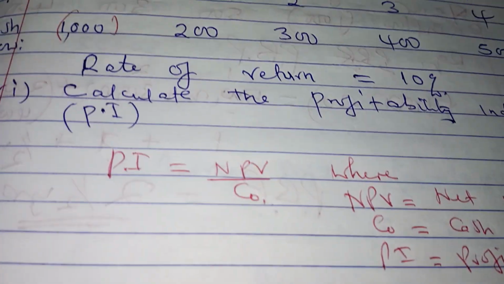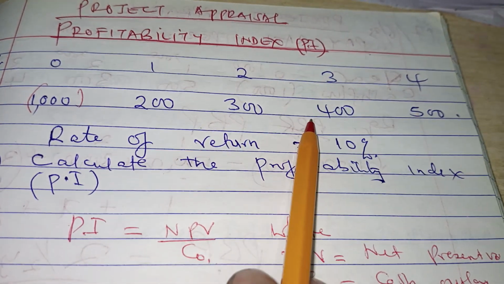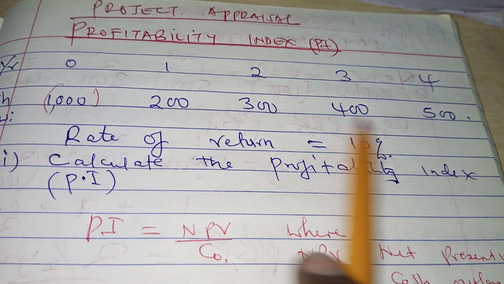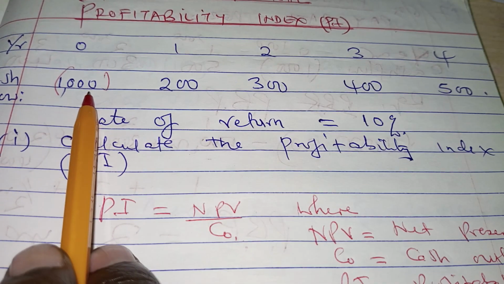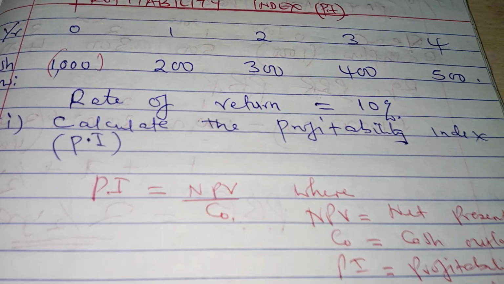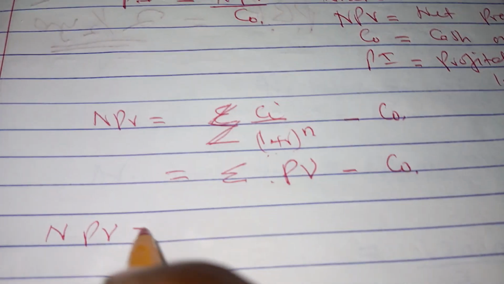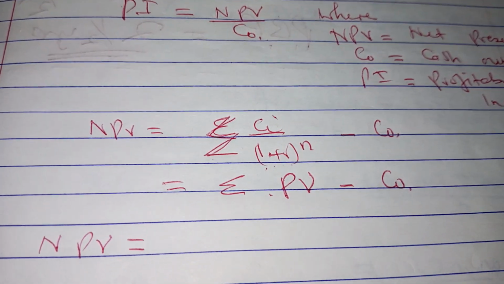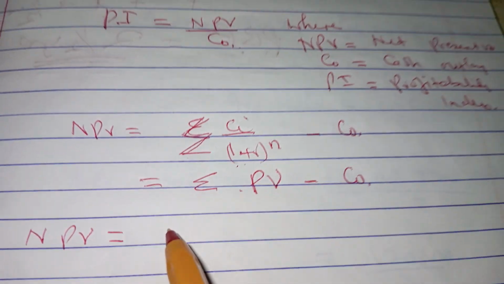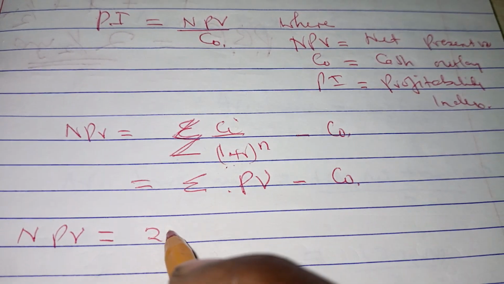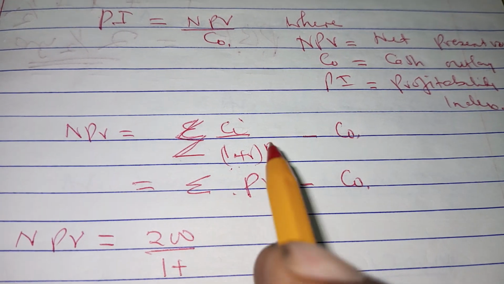Therefore, in this question, we have the cash inflows 200, 300, 400, and 500, and we are told the cash outlay is 1,000 shillings. To get NPV from our equation, the NPV will be given by the summation of cash inflows, and we shall start with the first figure, which is the 200 for the first year, divided by 1 plus R. What is R?